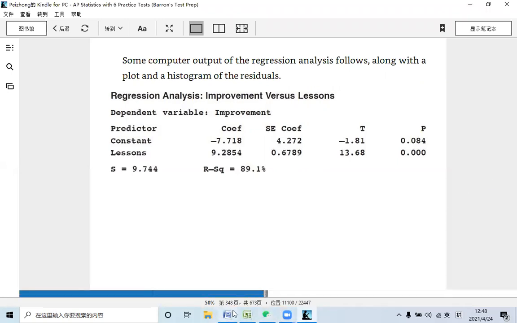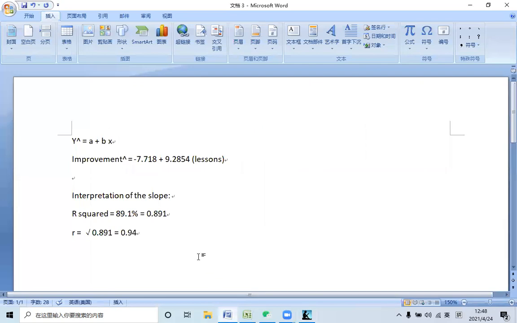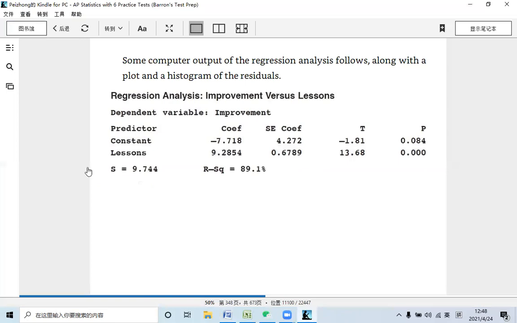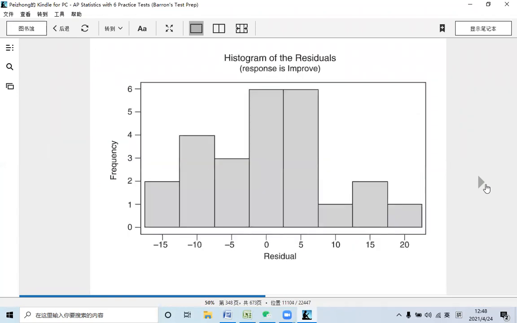And then we talk about the interpretation. There's a reason that the R squared is given as a percentage. This means 89.1% of all the variability in improvement is accounted for by how many lessons you take.